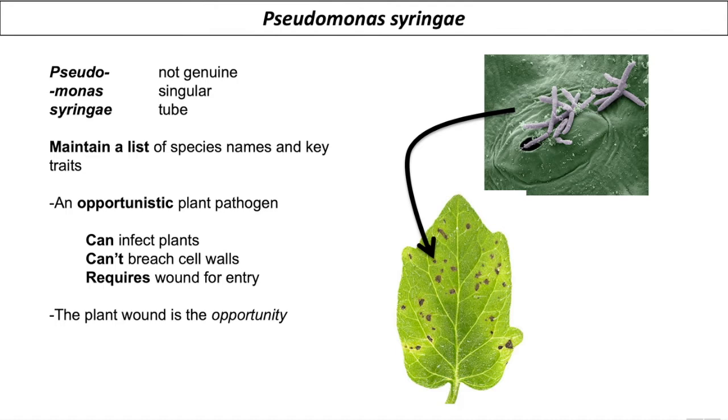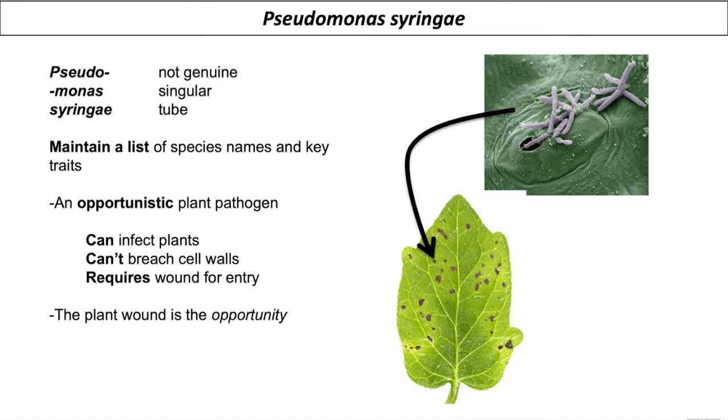If you haven't started that yet, a good one to start with is Pseudomonas syringae, and as you write down that name, we'll get in the next couple slides some key traits that you can associate with Pseudomonas syringae that would be true of that organism, and the key to it being a key trait is you want it to be not true of something else.